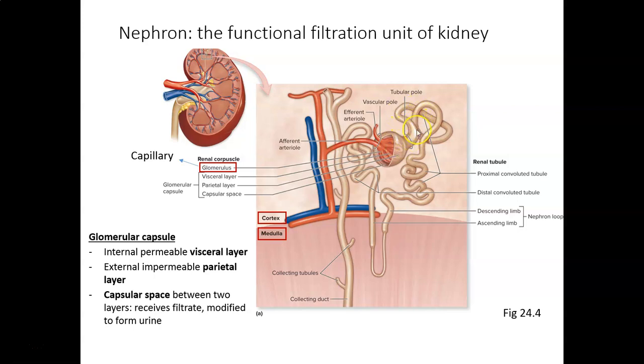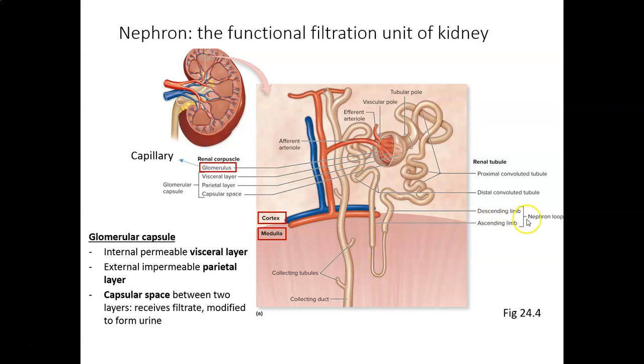Coming out of the glomerular capsule, you have a convoluted set of renal tubules. The part that's more proximal to the glomerular capsule is called the proximal convoluted tubule, or PCT. Then it goes deep into the medulla and comes back up.